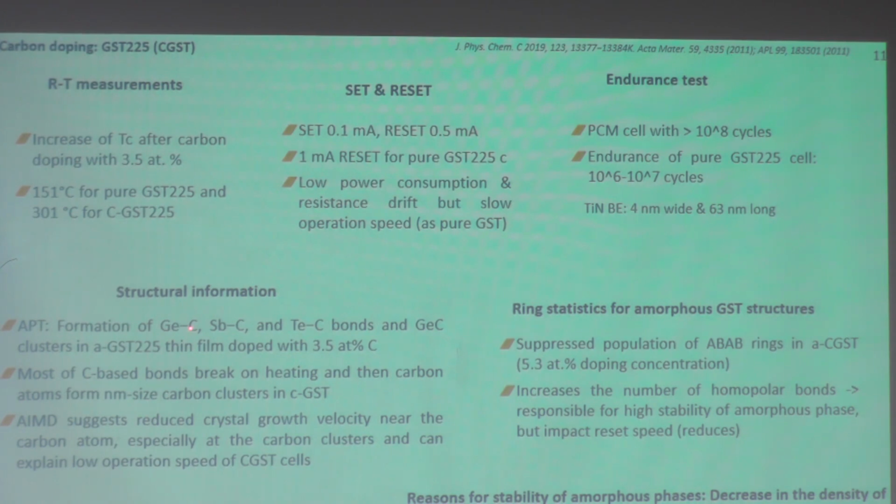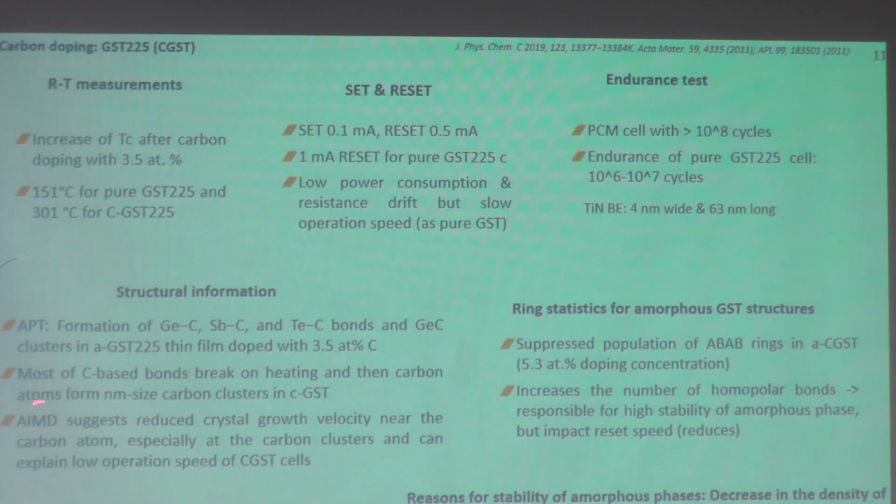From the structural side, if you introduce carbon to the GST, atom probe tomography shows the formation of germanium-carbon bonds, antimony-carbon bonds, and tellurium-carbon bonds, also germanium-carbon clusters in the film with 3.5 atomic percent dopant. But these carbon-based bonds break on heating, and then carbon atoms form nanometer-sized carbon clusters in CGST.